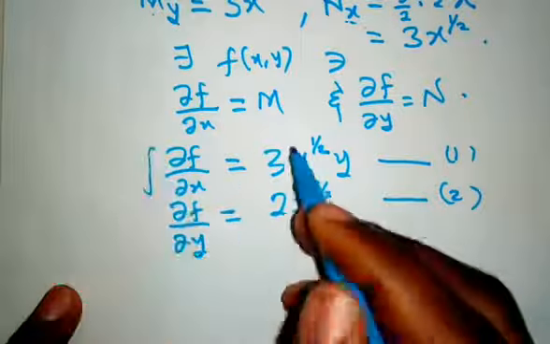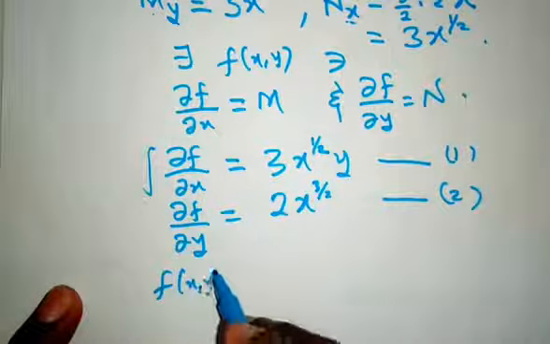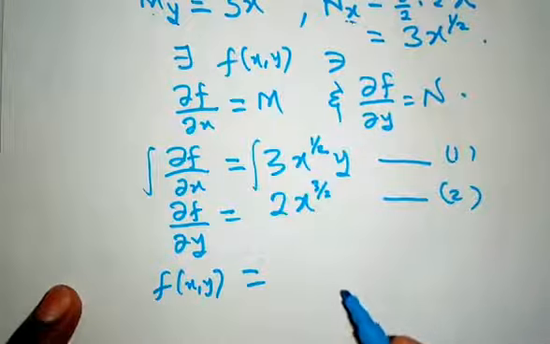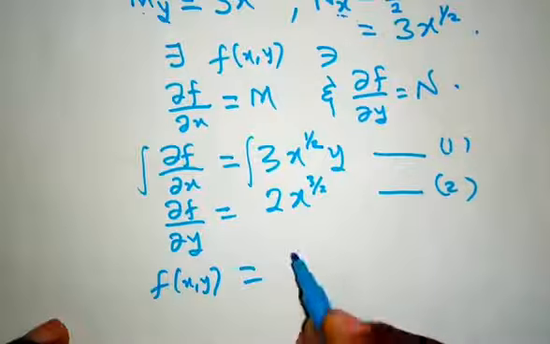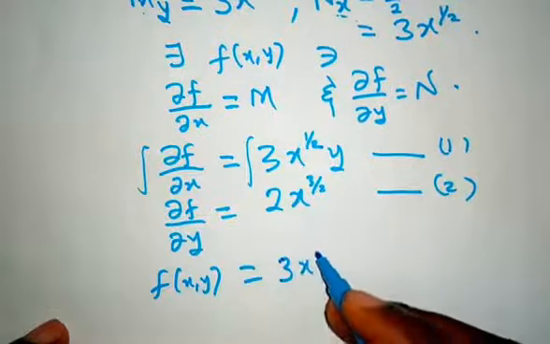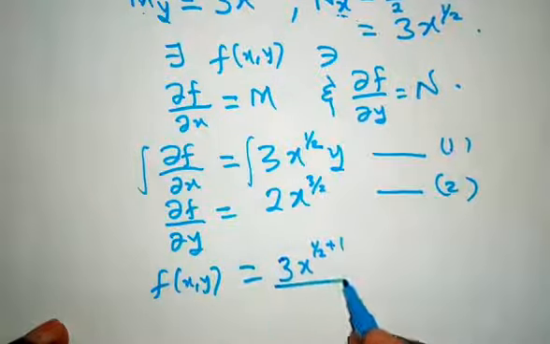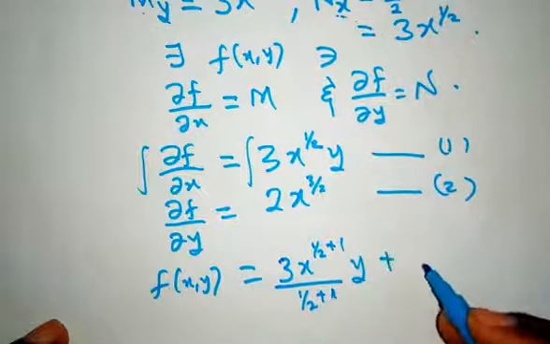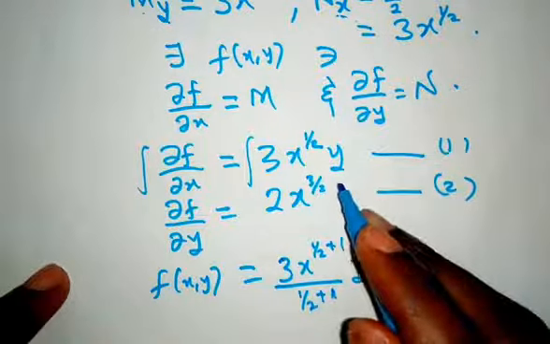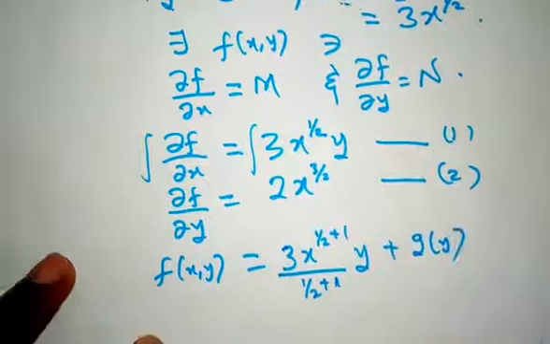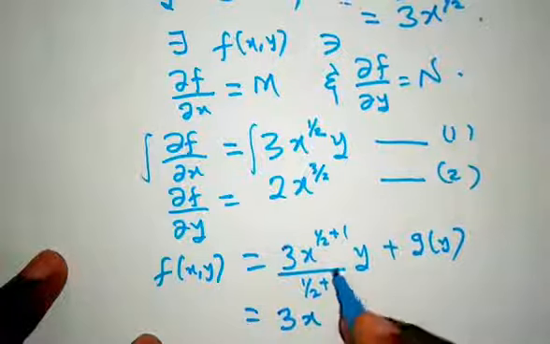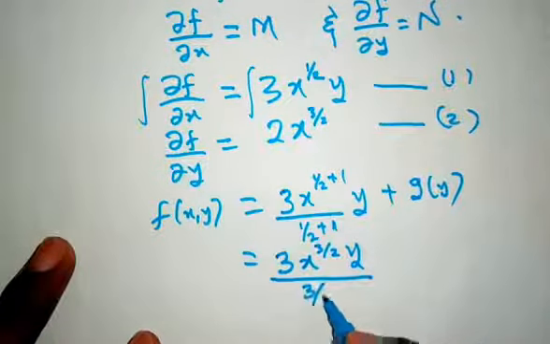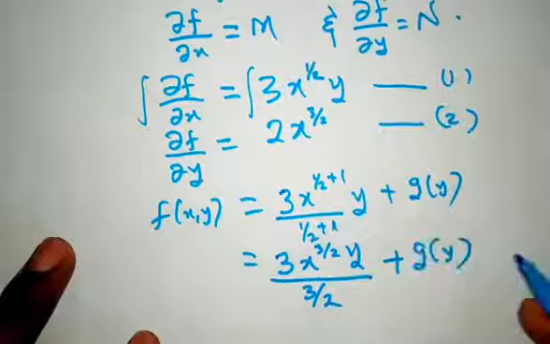So f of x comma y equals, integrating with respect to x, taking y as a constant, 3x to the power of 3 over 2 y over 3 over 2, plus a constant of integration, which is a function of y, so we have g of y.